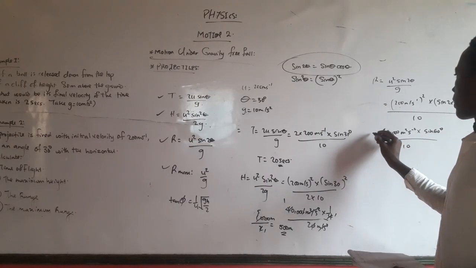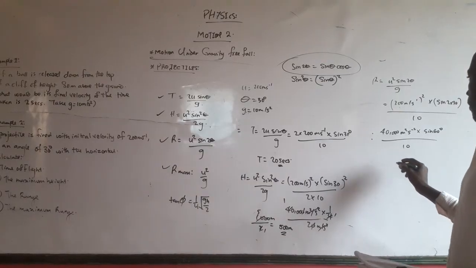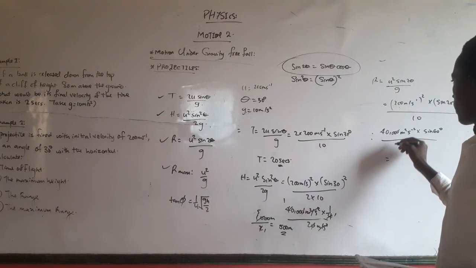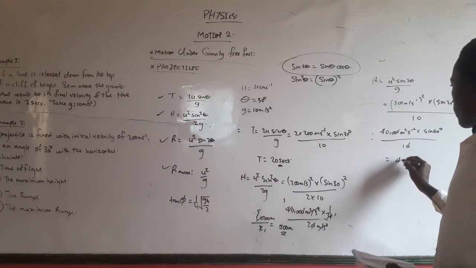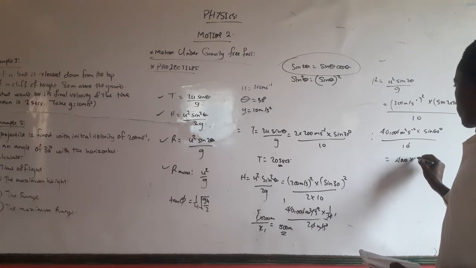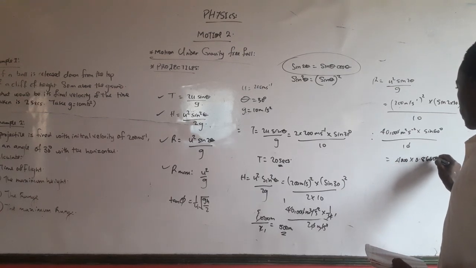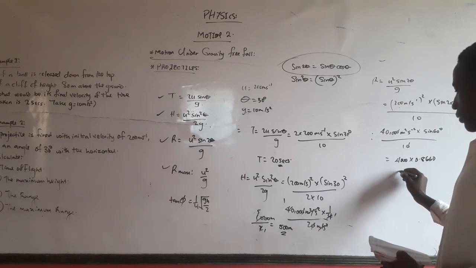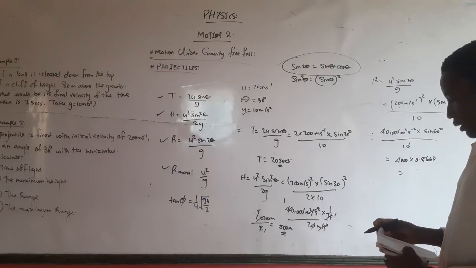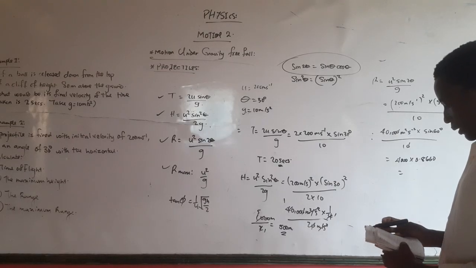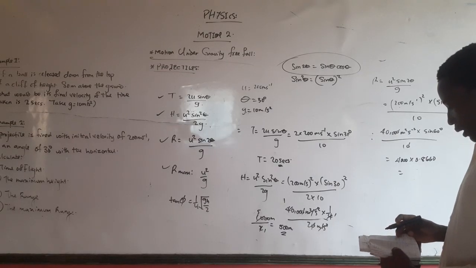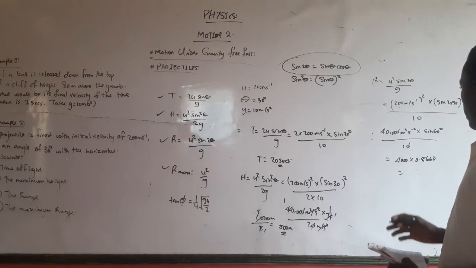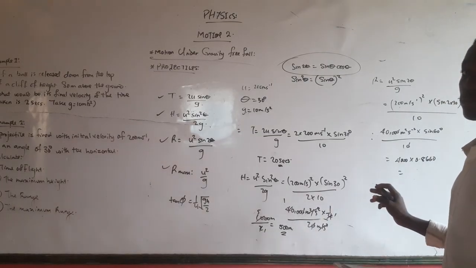When you multiply everything together, you have 4,000 multiplied by 0.8660. Let's do it literally without assuming.